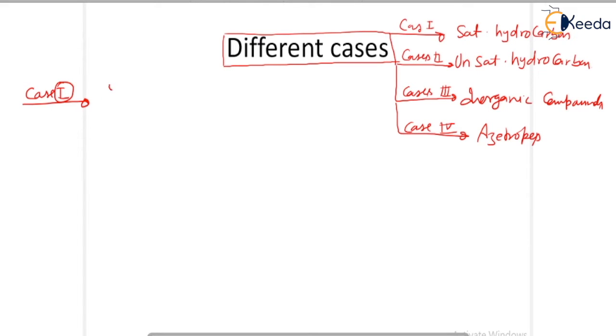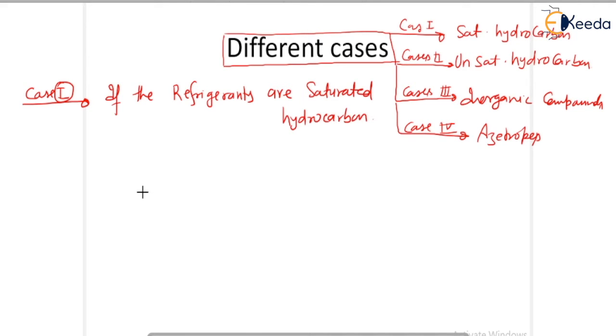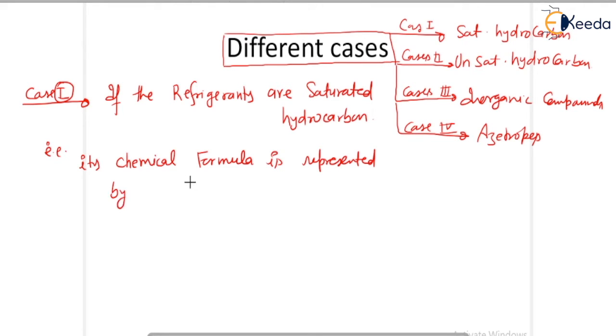If the refrigerant is a saturated hydrocarbon, that is, its chemical formula is represented by CmHnFpClq.